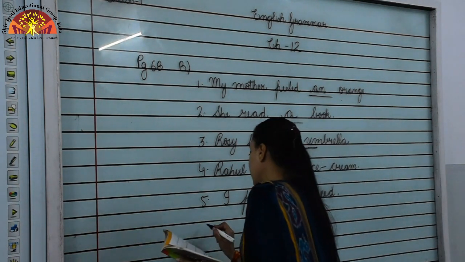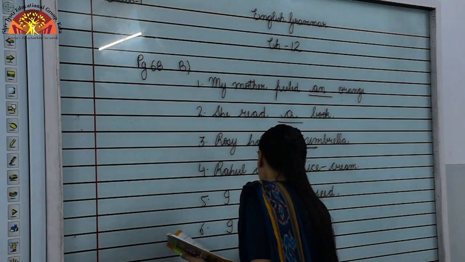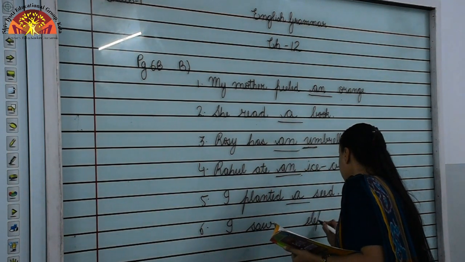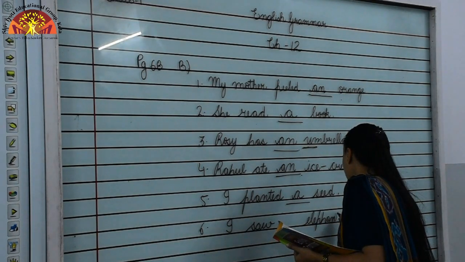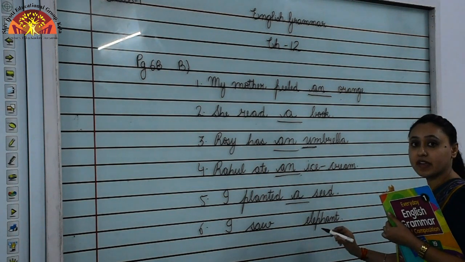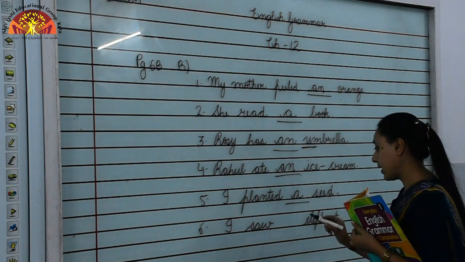Okay. Now, number 6, I saw dash elephant. Children, elephant is a vowel sound word. Check the first letter of every word that you have to add a or N before.